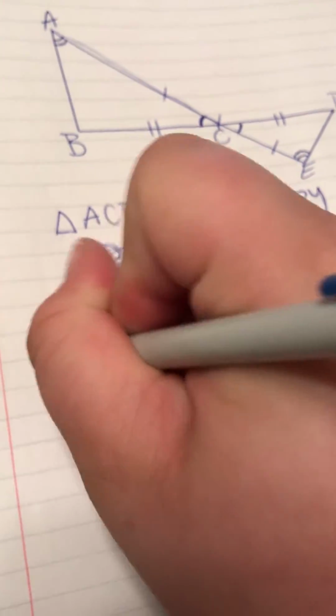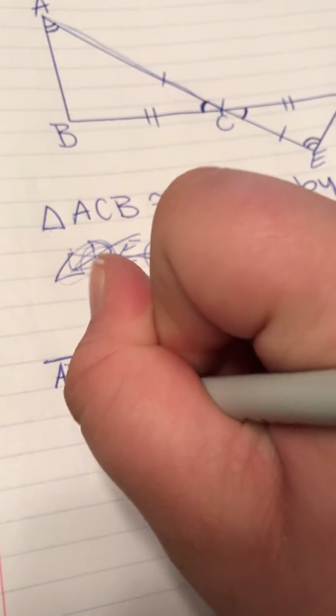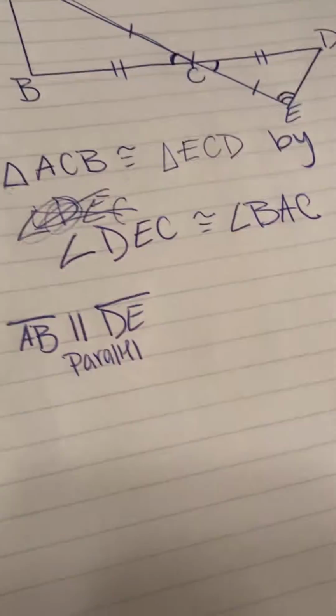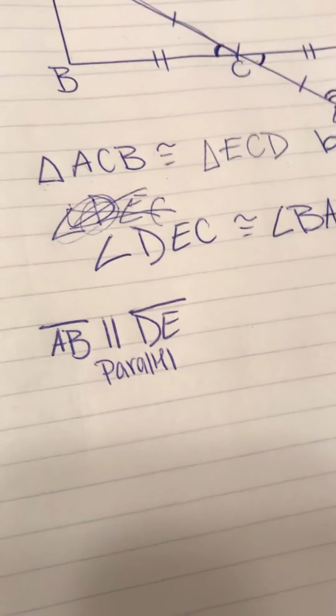So line AB is parallel to line DE because they have congruent alternate interior angles.